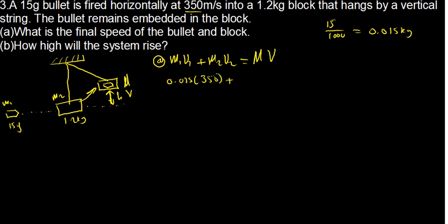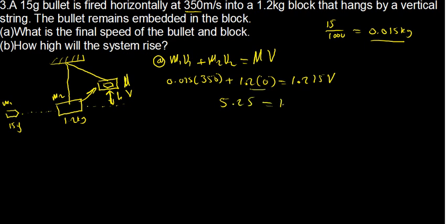And then plus the second mass, which is 1.2 kg. It was at rest, so the velocity is 0. And that should be equal to the combined mass. So this is the 0.015 plus the mass of the block, which is 1.2. So 0.015 plus 1.2 gives us 1.215 v. So multiplying 0.015 by 350, we get on this side 5.25, because this part will give us 0.